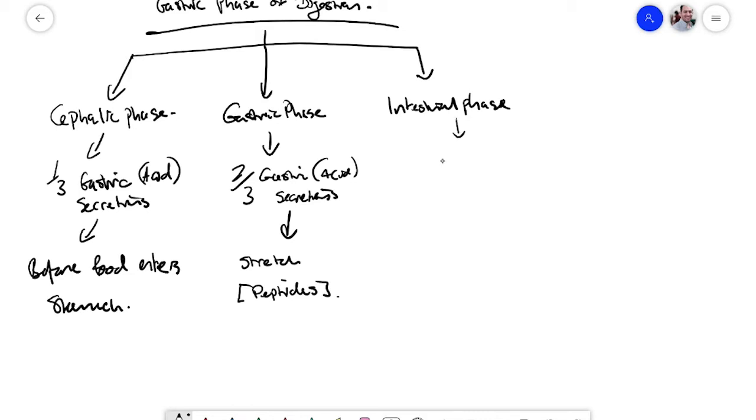So really, this is responsible for 0/3 of your gastric acid secretion, brackets. But it actually is. And there's a reason for this.